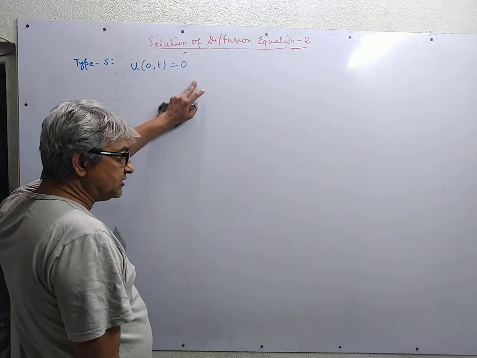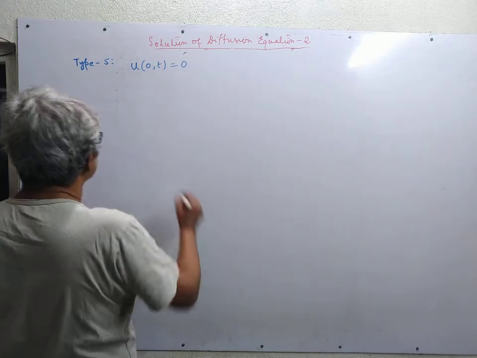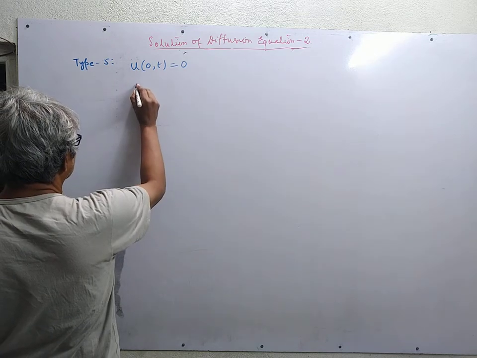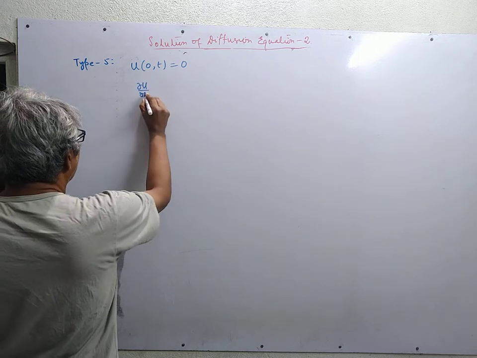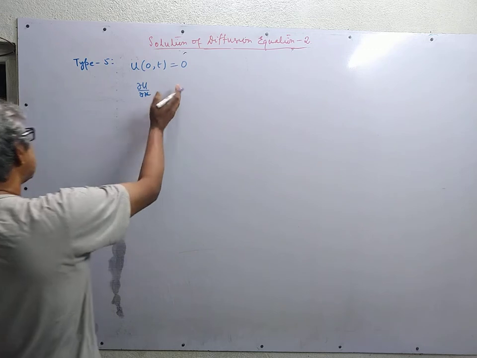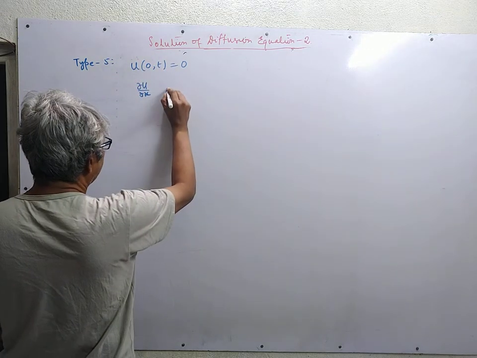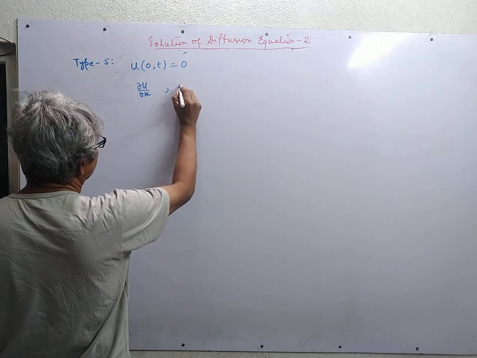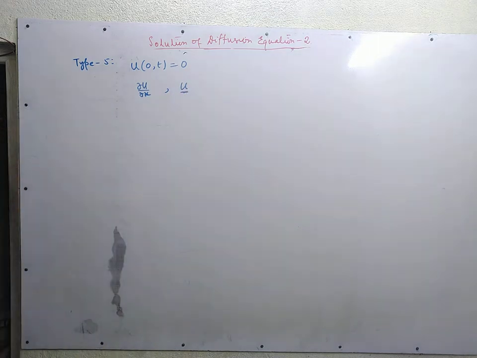The heat exchange may take place in two ways. One is by conduction. The rate of conduction is determined by del u by del x. If u be the excess temperature over the surrounding, then the rate of radiation exchange depends on u, the temperature difference, assuming Newton's law of cooling to be valid.